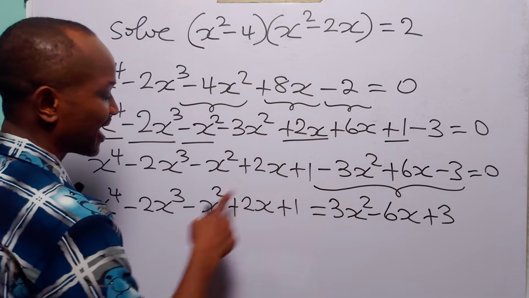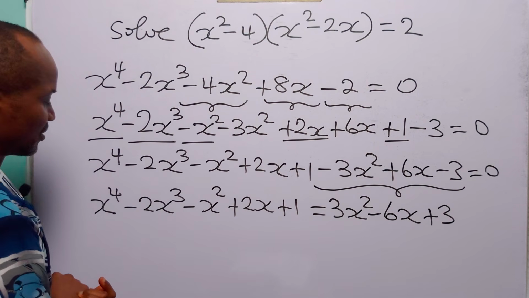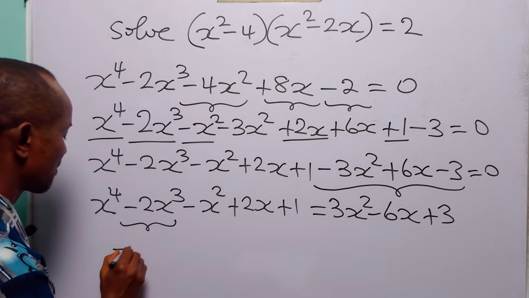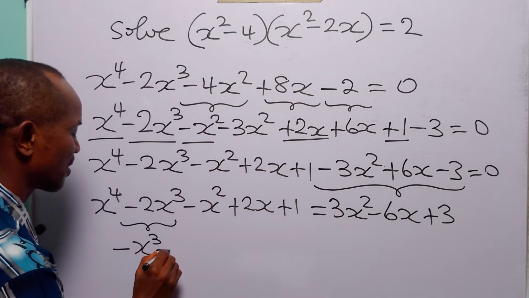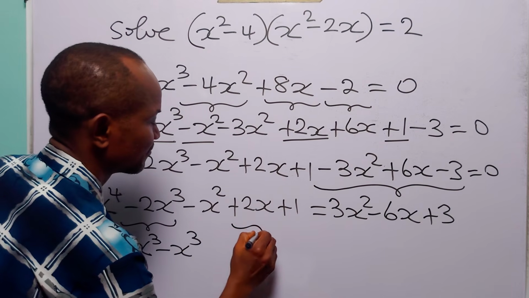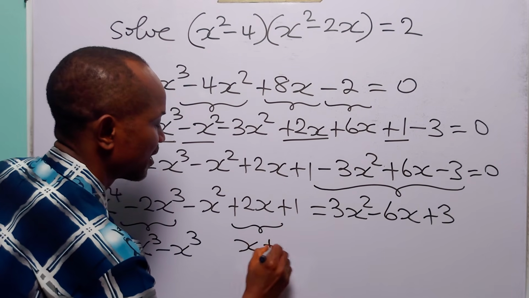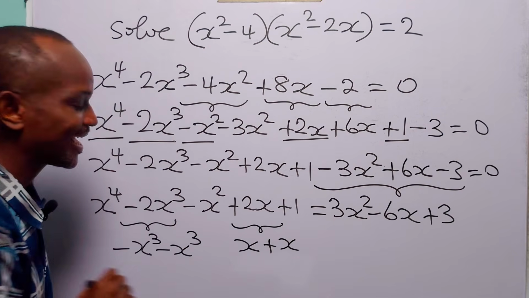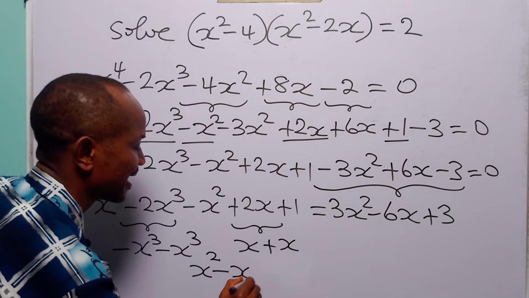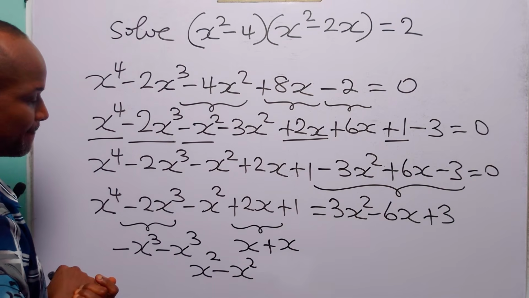Now we can factorize the two sides of this equation. On the left hand side, we simply have to break this into minus x cubed minus x cubed. We break this into x plus x, and then we add x squared and we subtract x squared.